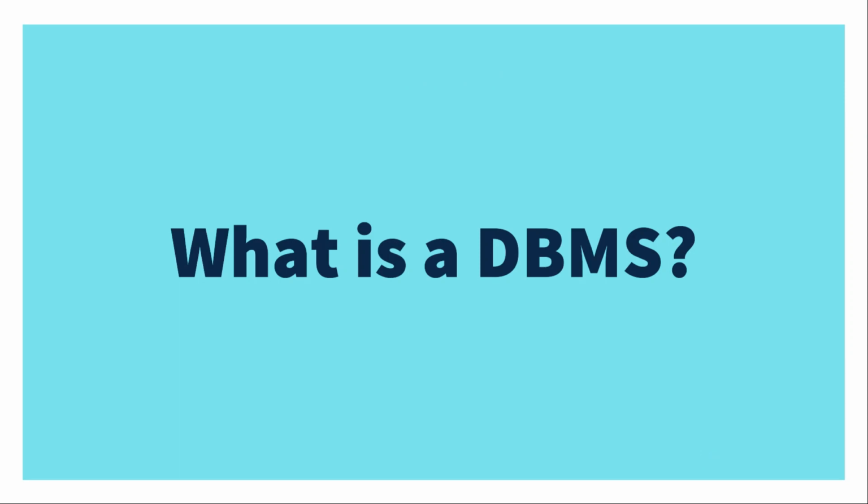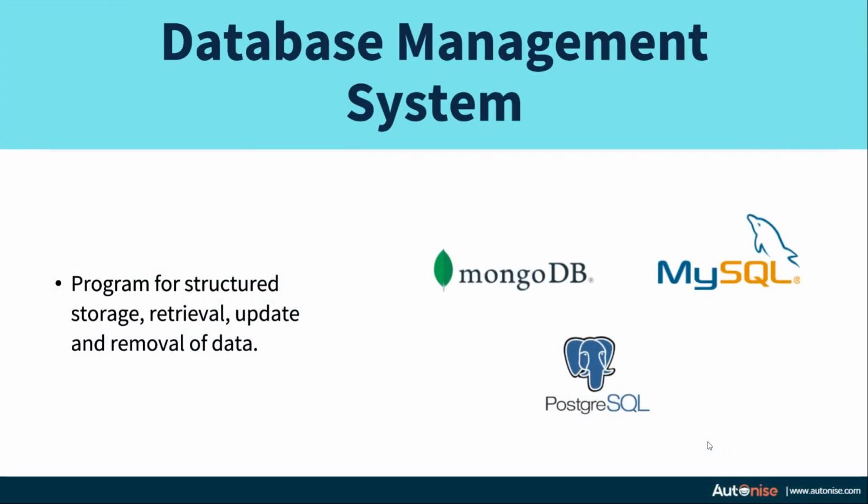So the very first thing which we'll discuss is what is a DBMS or database management system. A database management system is a program for structured storage, retrieval, update, and removal of data.